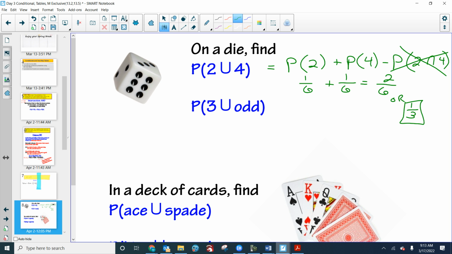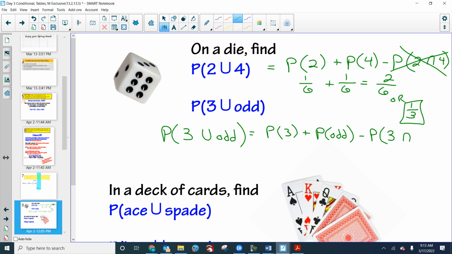Last one for today. P of 3 or an odd number. Well, what's the probability of a 3? Plus P of odd, minus P of 3 and odd. Well, what's P of 3? You said it, 1/6. What's the probability of an odd? Let's write 3/6.